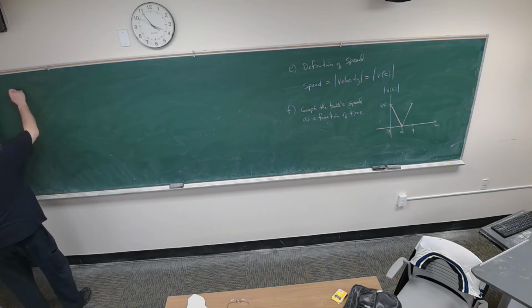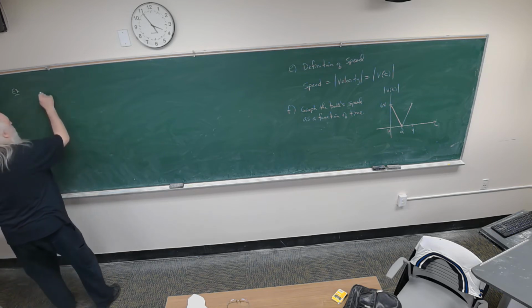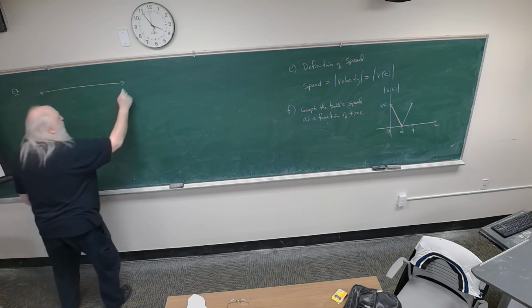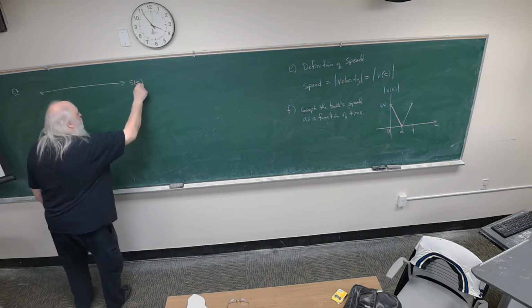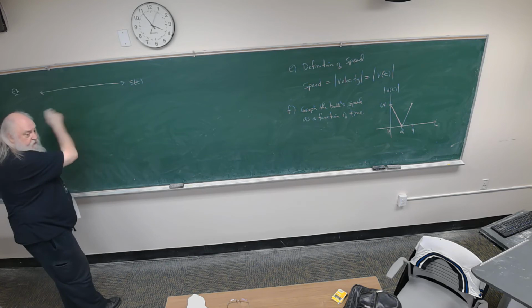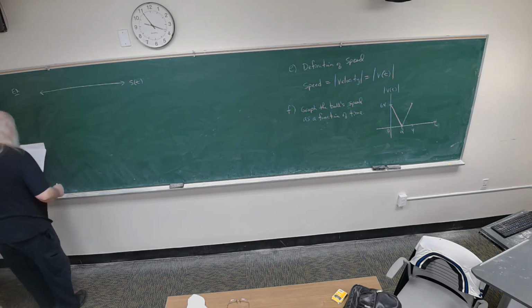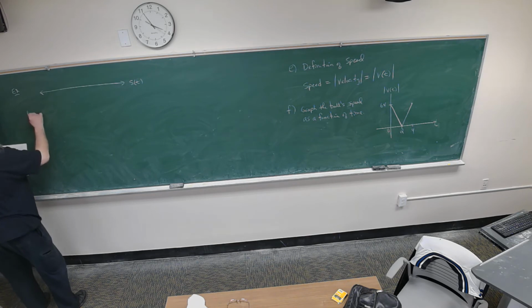Okay, so in this example, we have a number line, and we have an object moving back and forth on the number line, okay? Or you can imagine that you're out in the country somewhere on a straight road, and you can either drive forward or backward, right? Forward or backward.